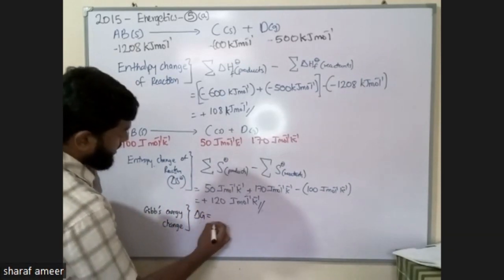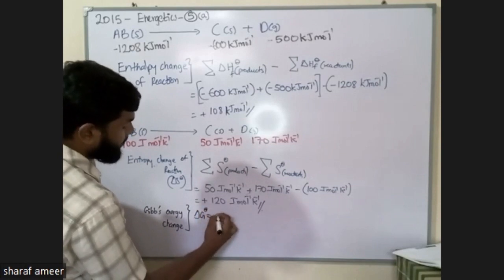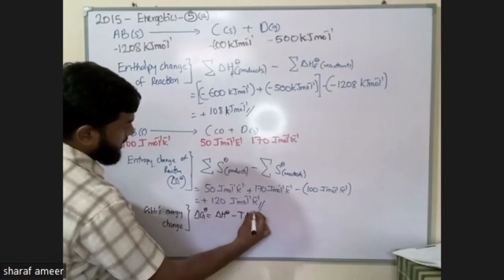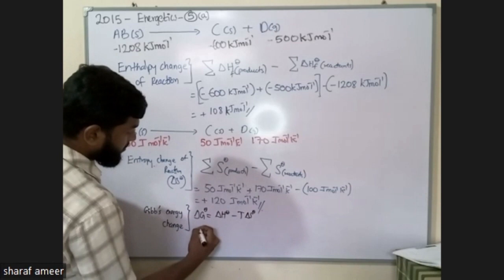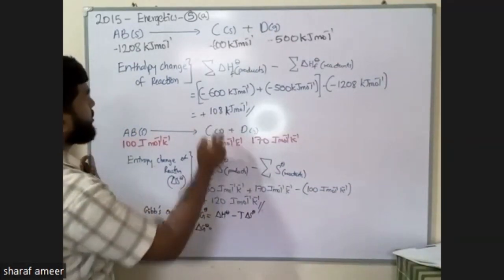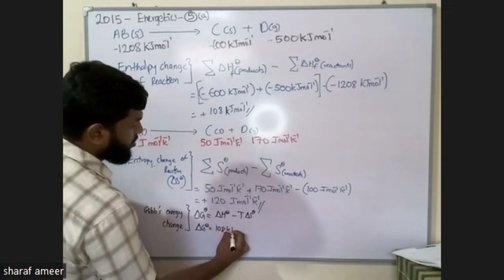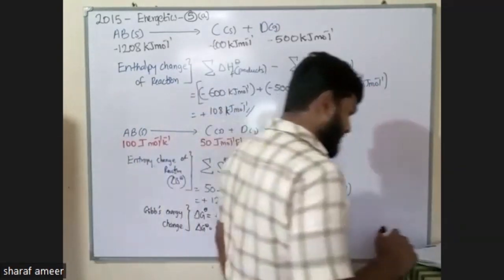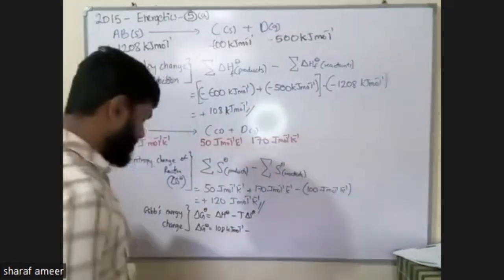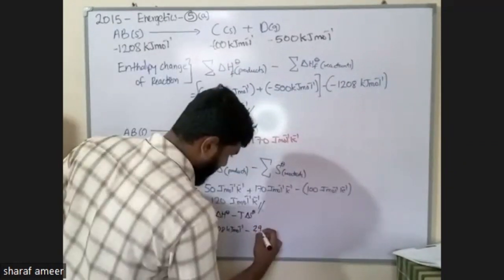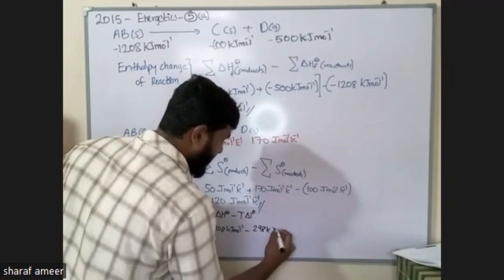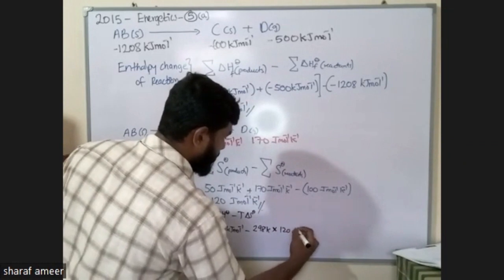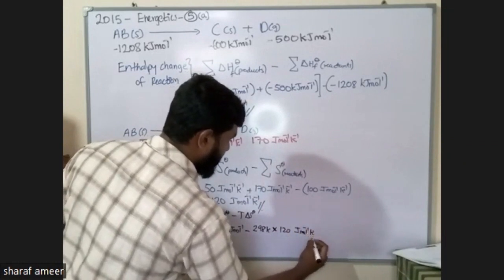So delta G theta is equal to delta H theta minus T into delta S theta. So delta G theta is equal to the enthalpy change, 108 kilojoule per mole, minus the temperature, which is 25 degrees Celsius, which means 298 Kelvin, into 120 joules per mole per Kelvin.